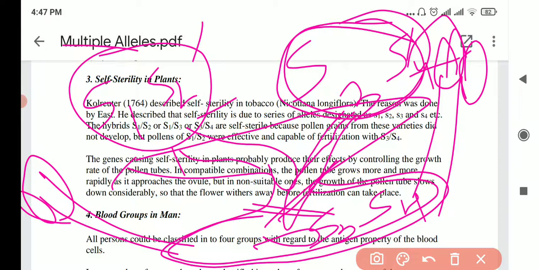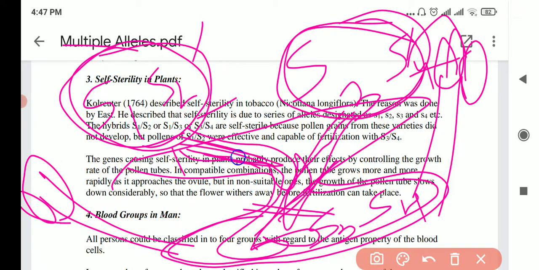But if this S1, S2 came flying in the air and landed on the stigma and germinated a pollen tube, it will allow the pollen tube from S1, S2 to germinate and fertilize the egg of S3, S4.